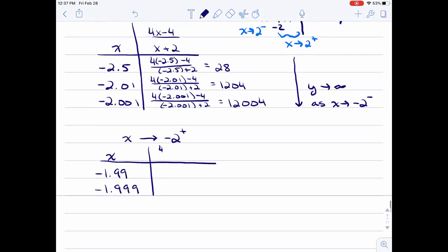And I've still got 4x minus 4 over x plus 2.